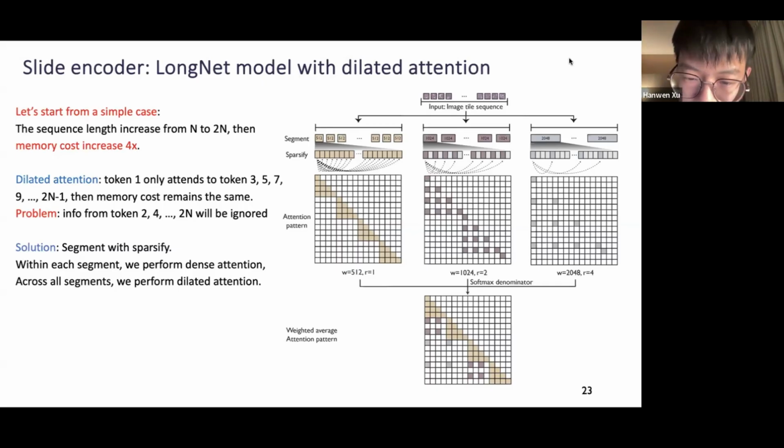So the LongNet attention pattern is also a hierarchical thing, right? From the very low level, we have dense attention, very accurate, and as we increase to the global level, we focus more on the global information while ignoring the local patterns.